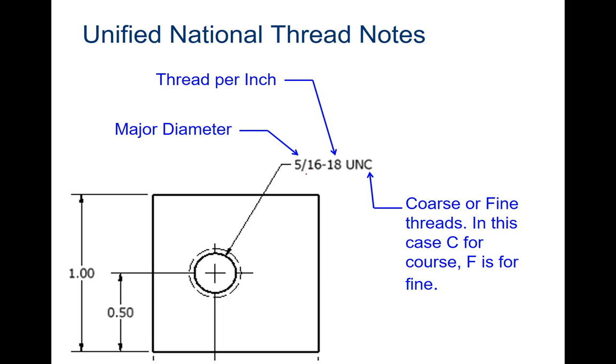So it's 5/16. Then the second number is telling us how many threads there are per inch. And then the UN is Unified National Standards. And the C, in this case, means coarse threads. Sometimes it's UNF for fine threads. So this is just a standard agreed upon set of measurements.